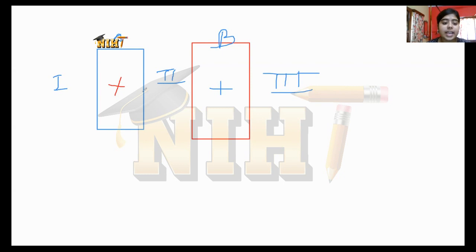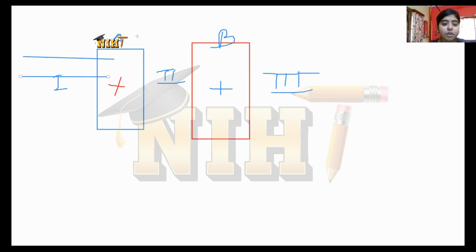If you place a unit positive charge here in region 1, it will feel an electrostatic repulsive force due to plate A, and due to plate B also.